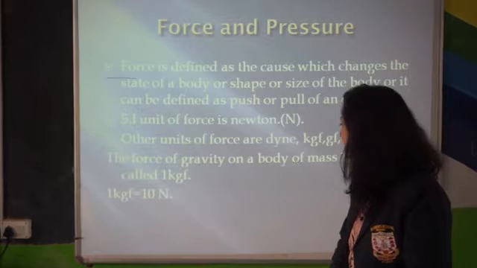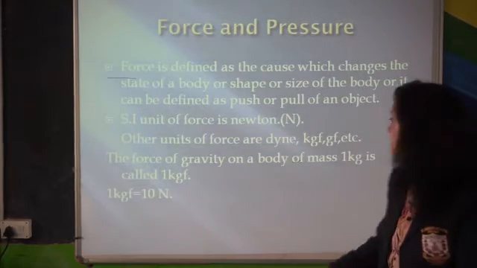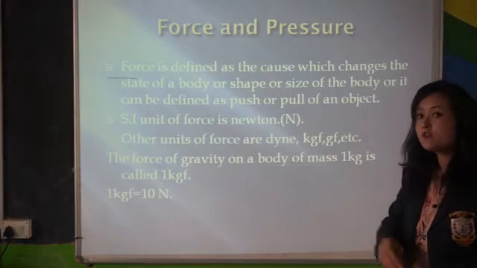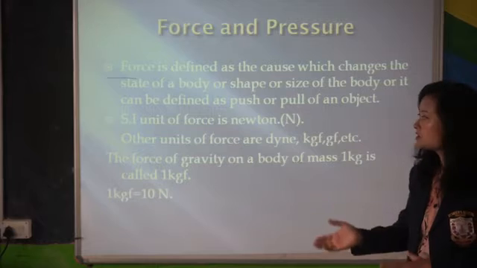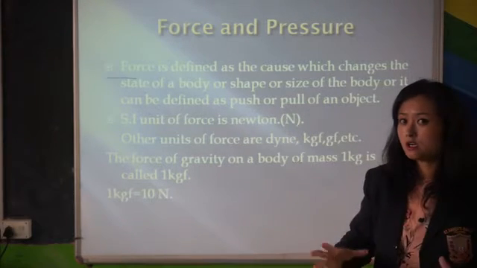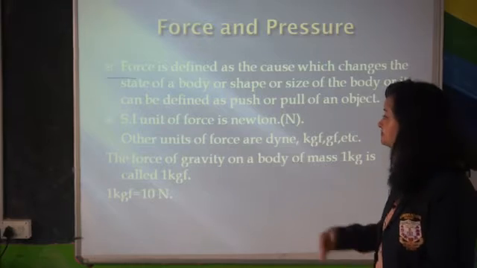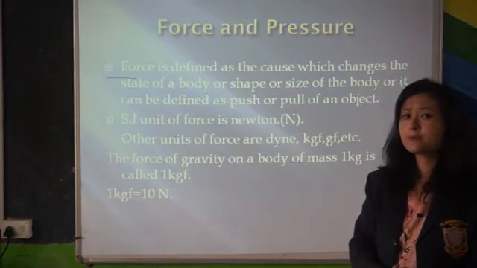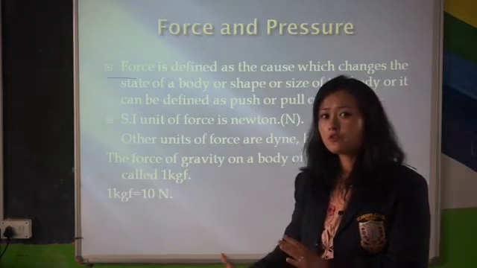The full form of kgf is kilogram force, and the full form of gf is gram force. Kilogram force is used for measuring larger forces, and gf is used for measuring smaller amounts of force.